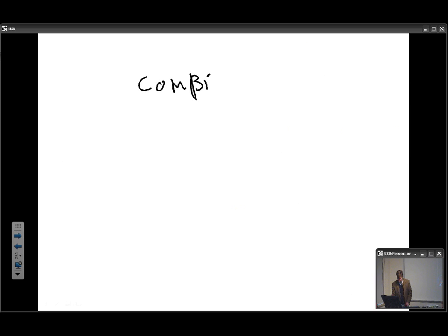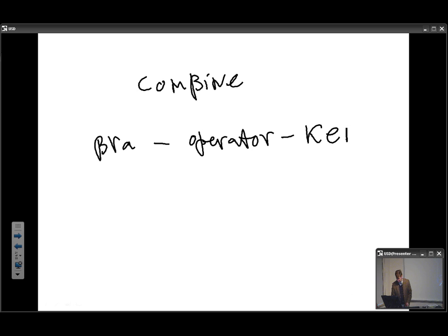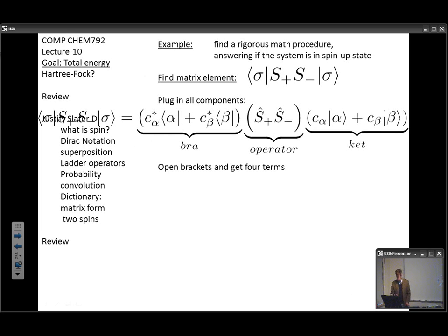We are going to combine bra, operator, and then cat, and see what happens. So this is our bra.